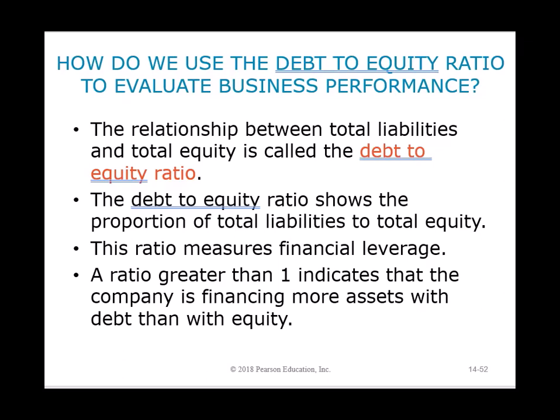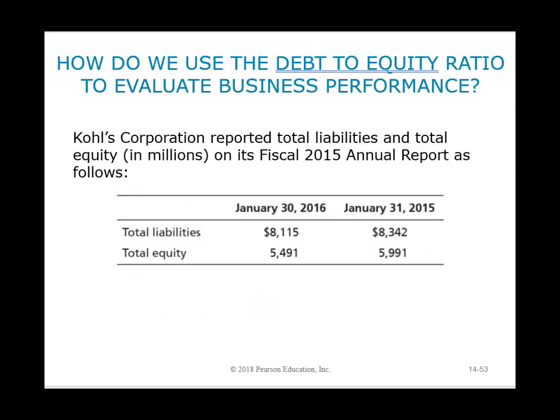It essentially compares how a company is financing their total assets. It looks at the relationship between total debt and total equity. If a company has a ratio higher than 1, that indicates they're using more debt than equity, and vice versa is true. If the number is less than 1, then that indicates they're using more equity and less debt.